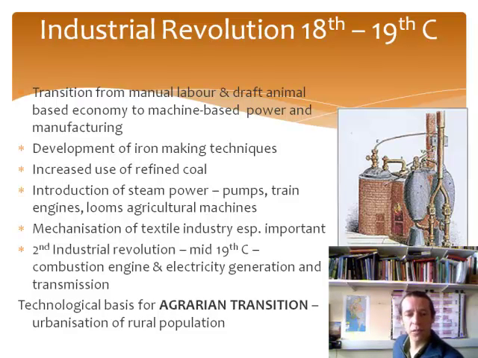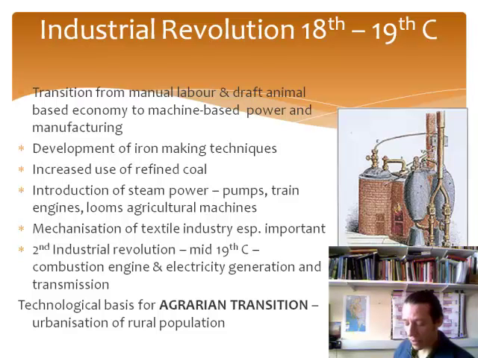This Industrial Revolution provided the technical basis for what's been called the agrarian transition, the movement of large populations off of agricultural lands to urban areas to work in factories.